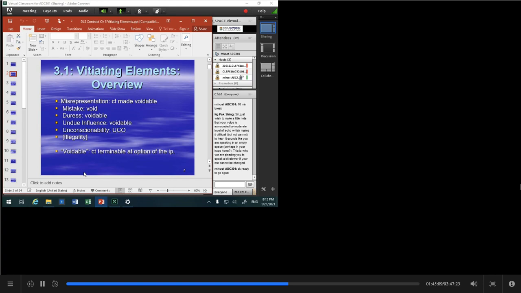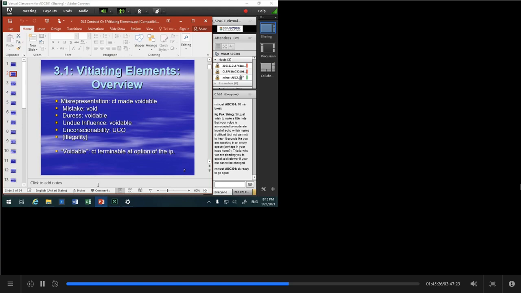On page 123, about one quarter of the way down the page, you've got those four points basically giving us the elements of economic duress.